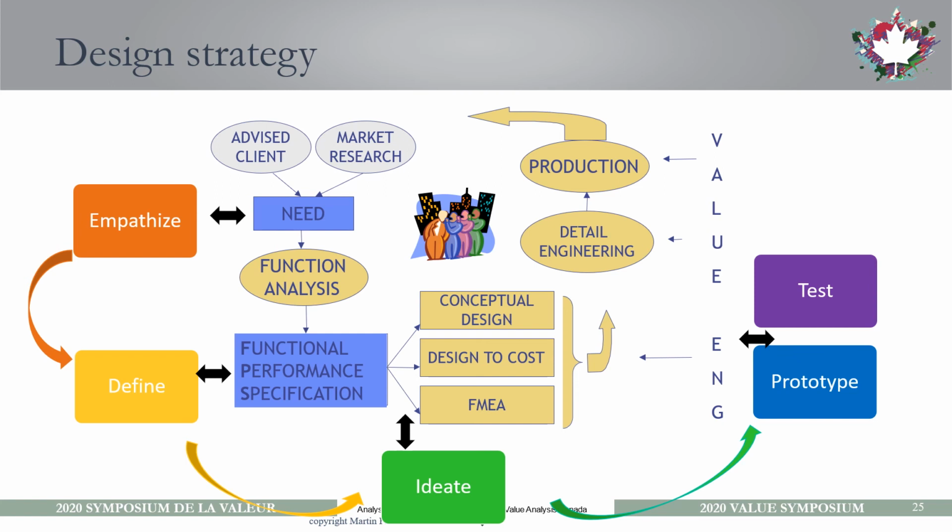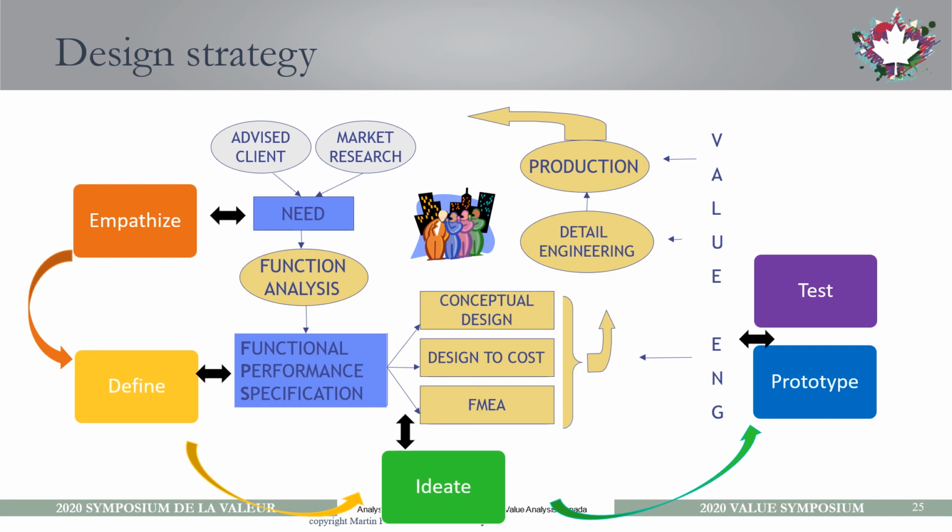They have needs that are not satisfied, so you do function analysis, and then from that function analysis, you end up with a functional performance specification, which is the steps empathize, where you discuss with either your client or your marketing people, understand what are the user's needs, and then you define the problem based on what you've heard in the empathize stage.